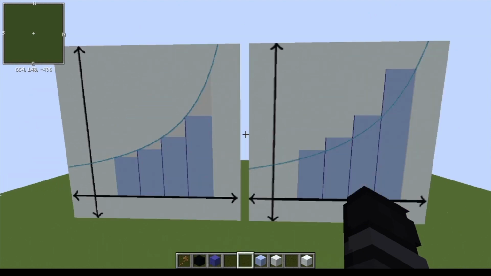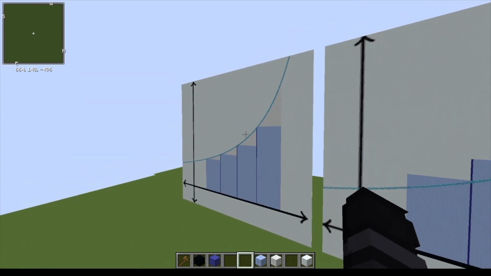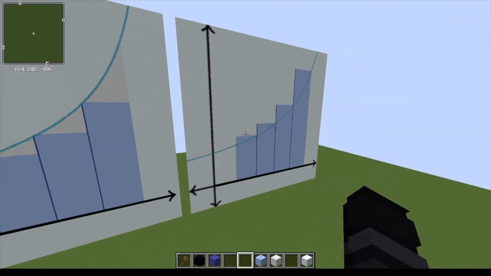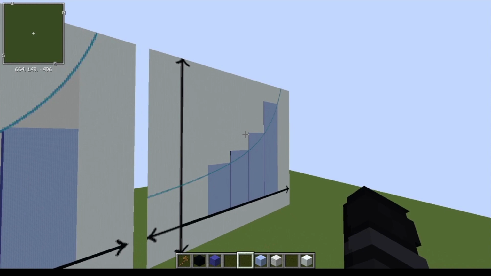Alright guys, so here are 2 of the basic Riemann sums that we're going to learn. As you can see, both of these graphs are increasing, and the ones that have rectangles starting on the left endpoints are left Riemann sums, and the ones starting on the right endpoints are right Riemann sums.